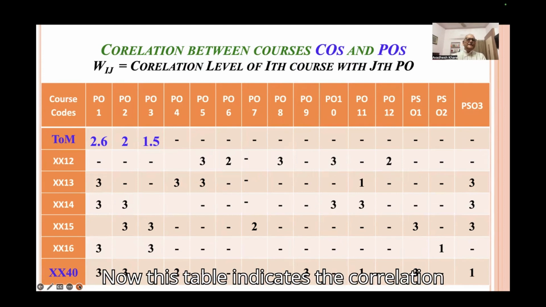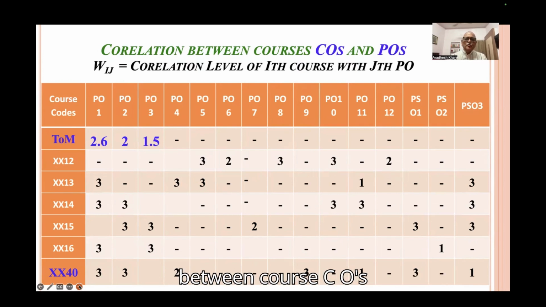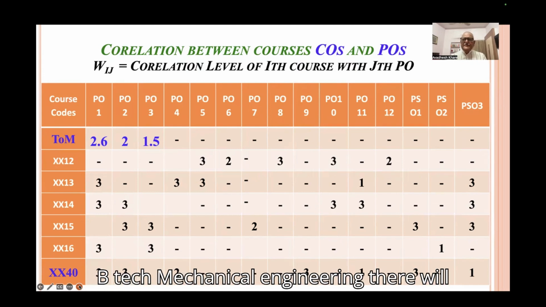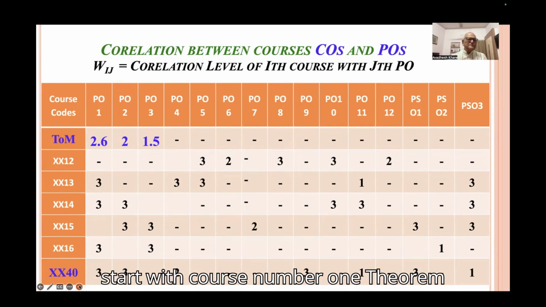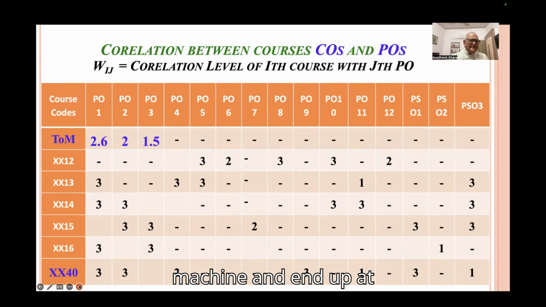Now this table indicates the correlation between course COs and POs. I have assumed that in BTech Mechanical Engineering there will be 40 courses. So I will start with course number 1, Theory of Machines, and end up at XX40.